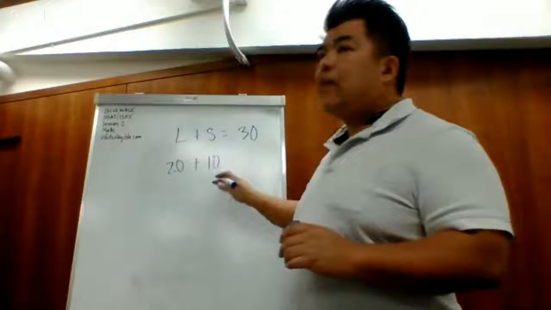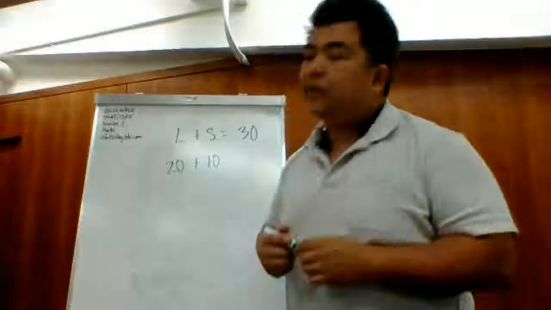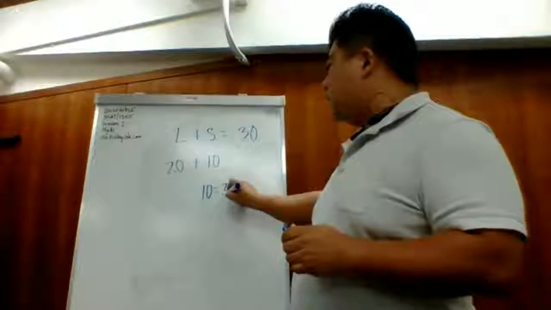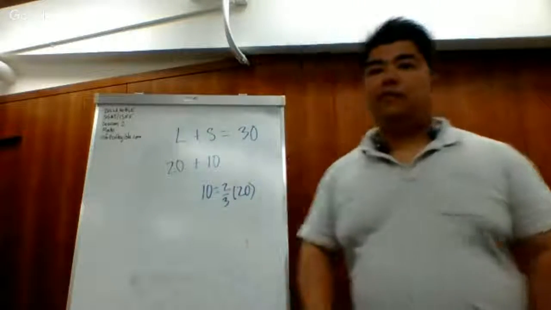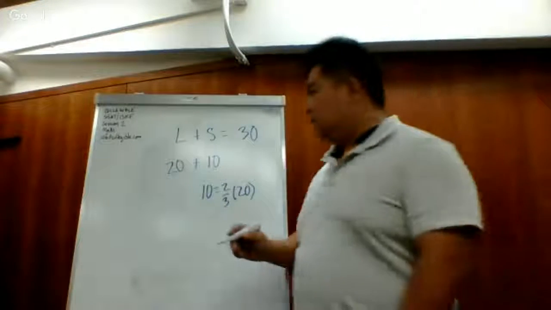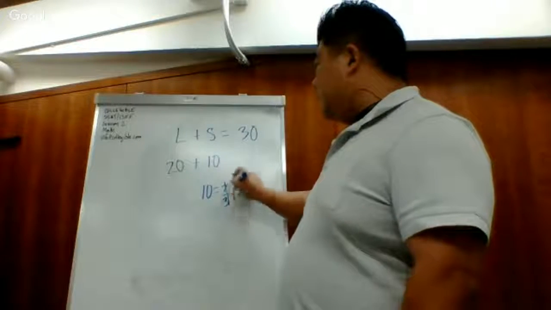The question told us that the smaller group is 2/3 of the larger. Is 10 equal to 2/3 of 20? Yes or no? Henry? Well, I think it's no because it's equal to 1/2 of it. Right, it's equal to 1/2. So this doesn't work. It's not 2/3.